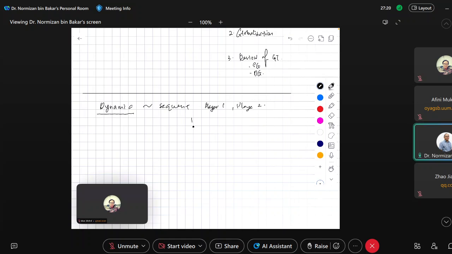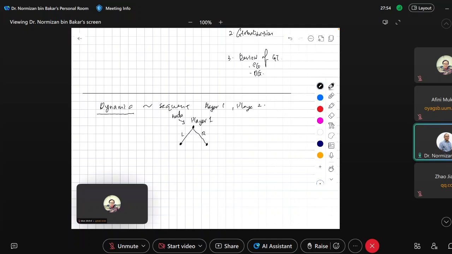So player one chooses. Let's say he has two strategies, or in this case sometimes the strategy we call an action. Okay, let's say player one has two choices, left or right. Player one will choose left or right. So this is the way we describe his choice.